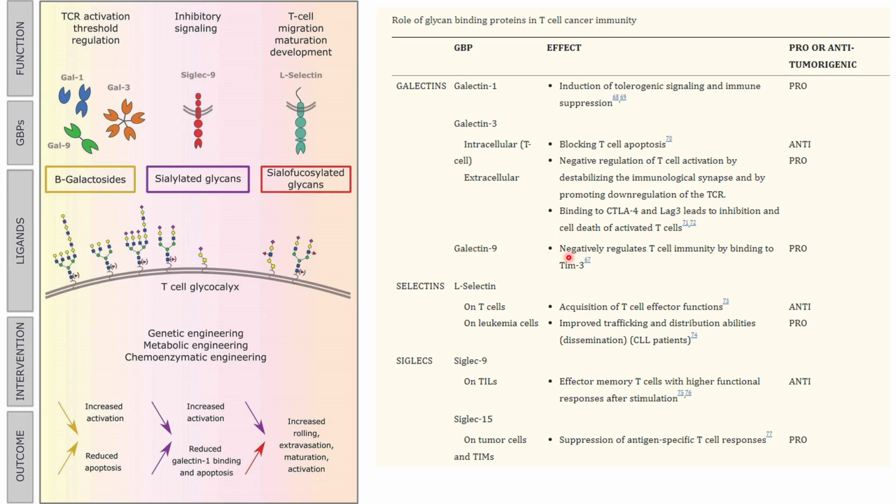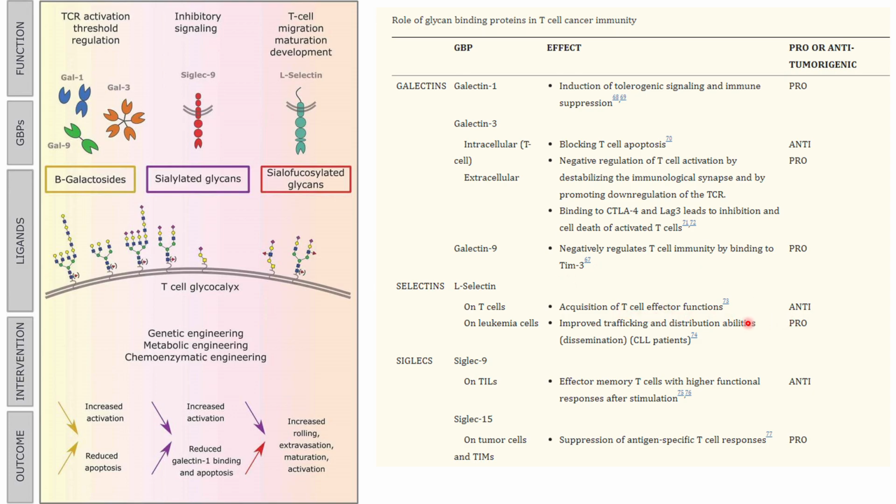Galectin 9 will negatively regulate T cell immunity by binding to TIM3. Thereby, it will also increase the threshold of the T cell receptors and thus helps the tumor in its uncontrolled growth. In terms of selectin glycans on the T cells, their acquisition on the T cells will increase T cell effector function.